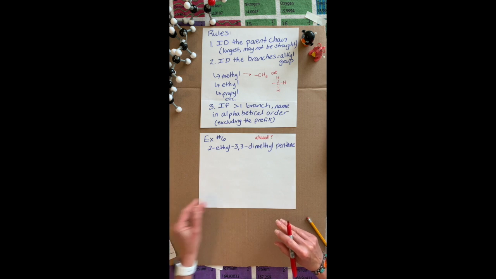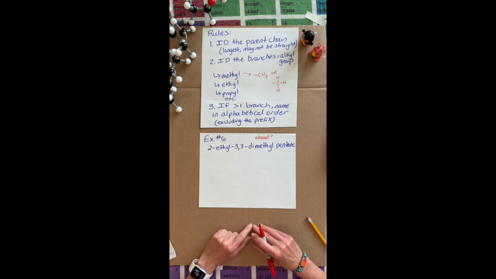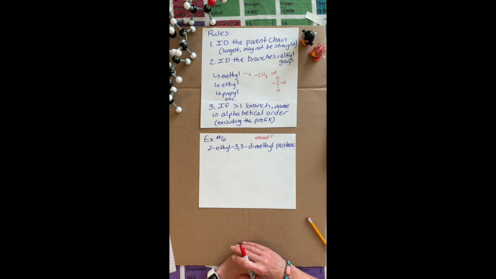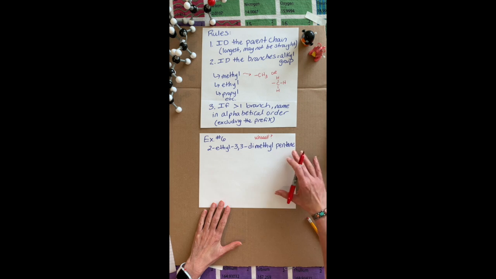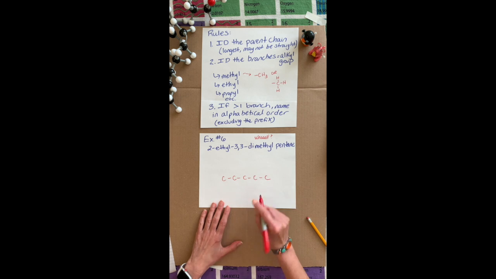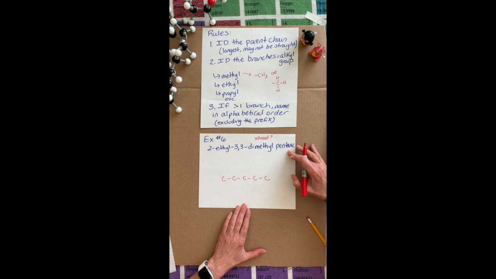Pretty cool. So it's in alphabetical order. All right. You could actually get to the point where you would be writing the formulas from these names. And I thought I'd just go all out with this challenging example. So I'm going to kind of work backwards. Let me start with pentane. I know that that's my parent chain. It's the last name.